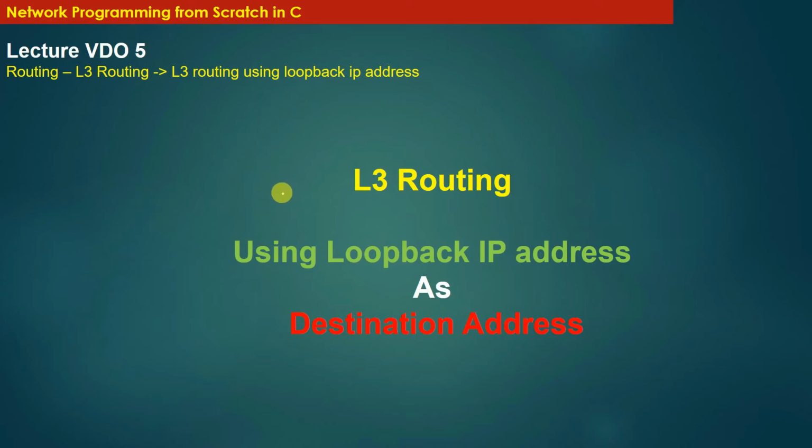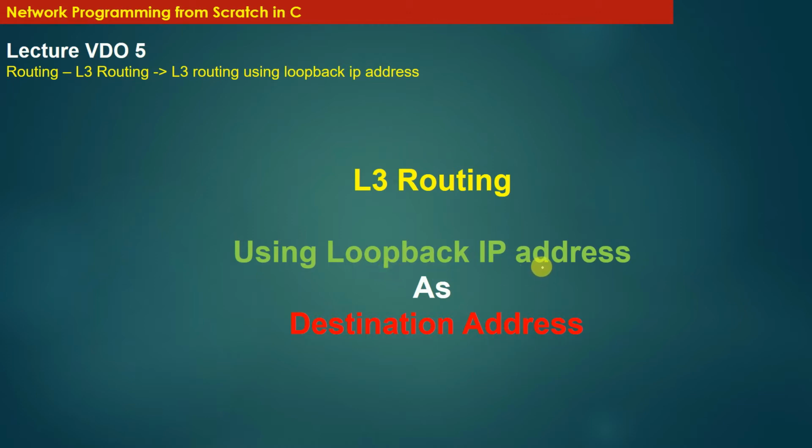So guys, having understood the basics of loopback IP address, next we will try to learn how L3 routing happens when the destination IP address in the IP header of the packet is actually the loopback IP address of the destination machine.